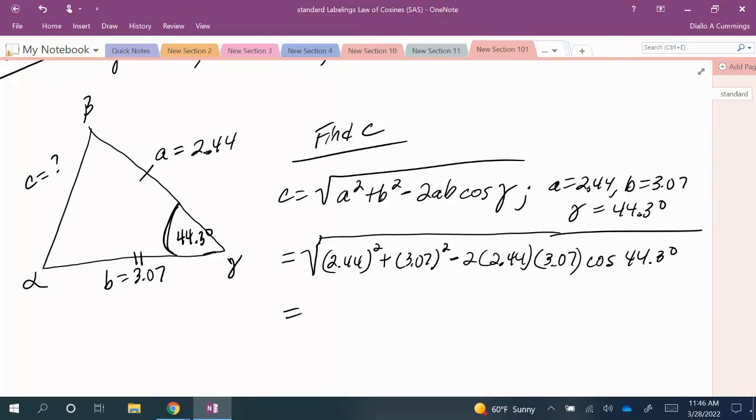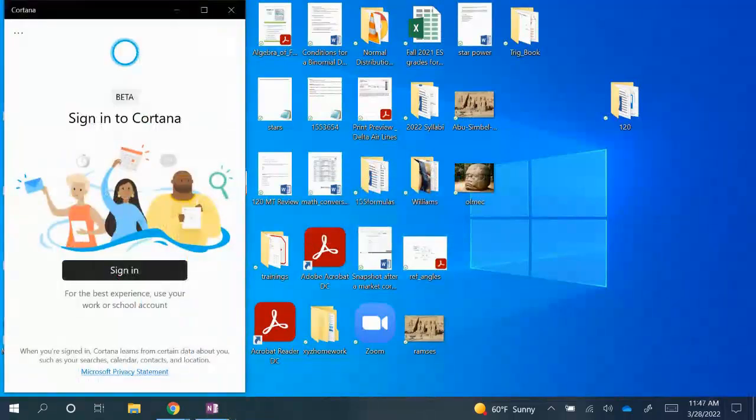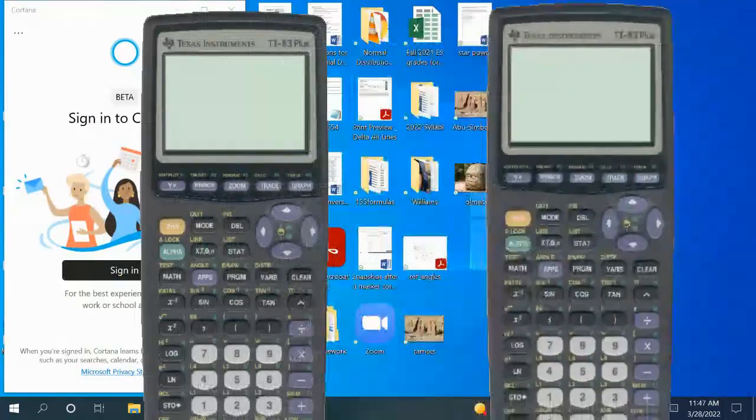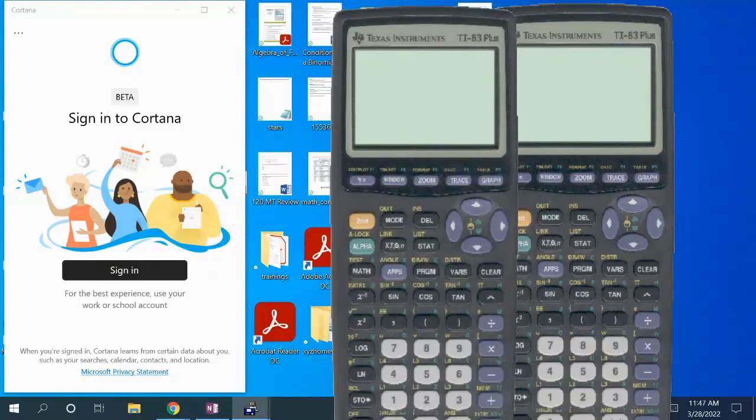All right, so we're going to put this into the calculator. Okay, and I have two instances of the calculator up.